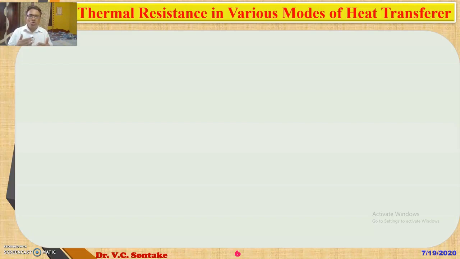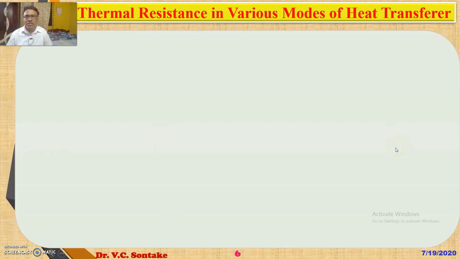So the moment the mode of heat transfer changes, the moment the type of medium changes, the equation for heat transfer rate will also change, and accordingly different expressions for thermal resistances can be deduced for that particular mode of heat transfer. So let us try to deduce different expressions for thermal resistances in various modes of heat transfer.